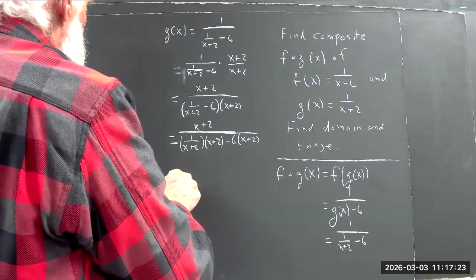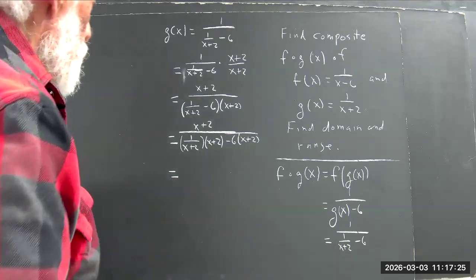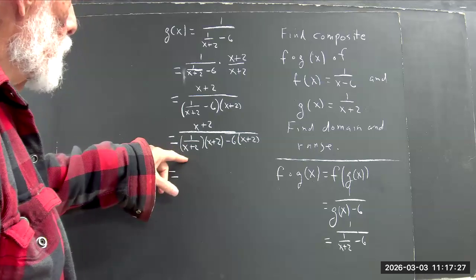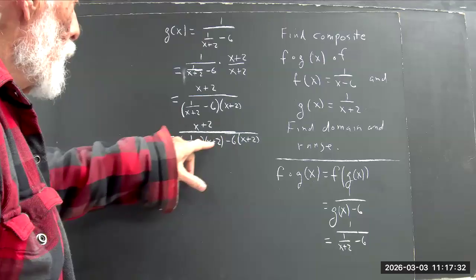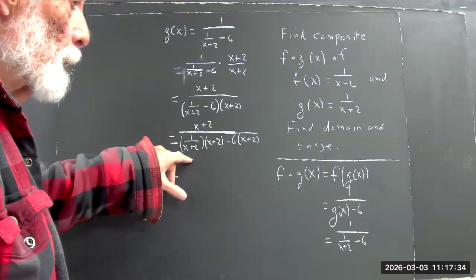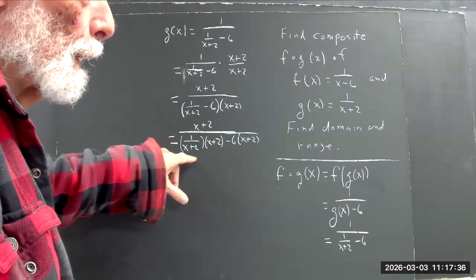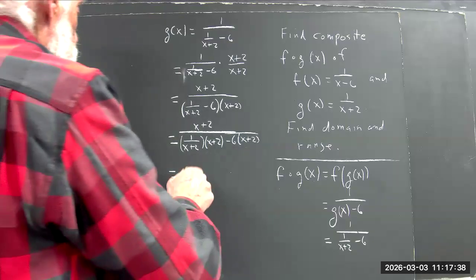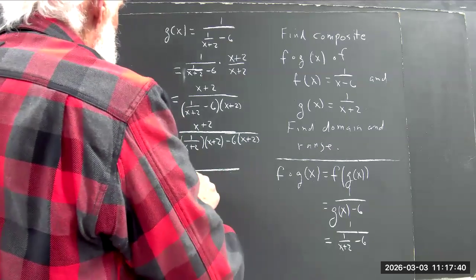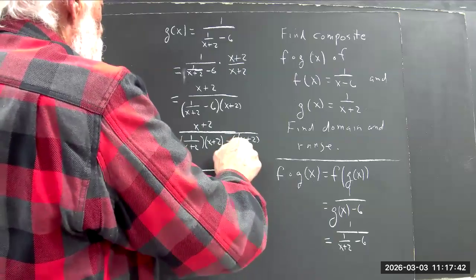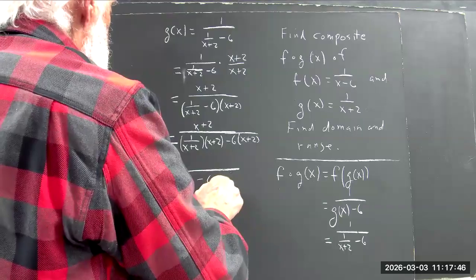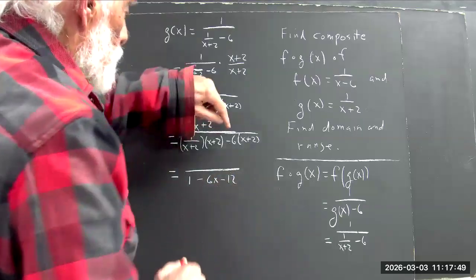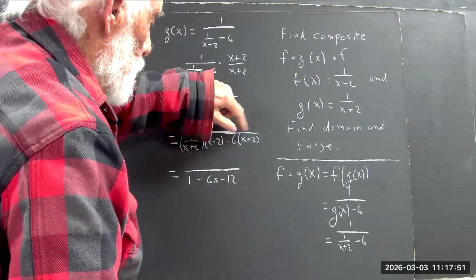And look at what wonderful thing happens. 1 over x plus 2 multiplied by x plus 2: x plus 2 is a factor of the numerator and the denominator, so it's going to divide out and just leave us with 1 in the denominator. And then it's minus 6 times the quantity x plus 2, and that multiplies out to negative 6x minus 12.